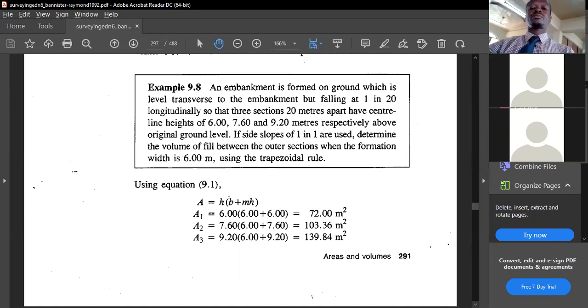Okay, an embankment. So the keywords are embankment, level, traverse. What's a traverse? So this English language, you traverse to the embankment.